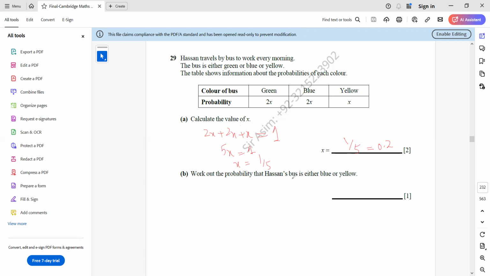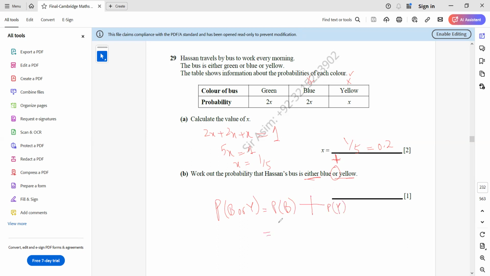What is the probability that Hassan's bus is either blue or yellow? These are two independent events. If the bus is blue, it won't be yellow, but if it is yellow, it won't be blue. So in the case of or, you need to add the probabilities of the two events separately. So probability of blue plus probability of yellow.